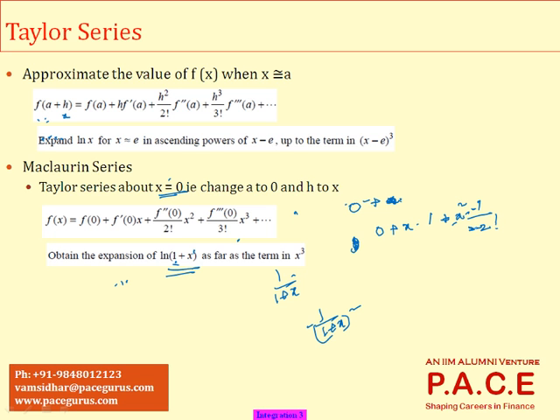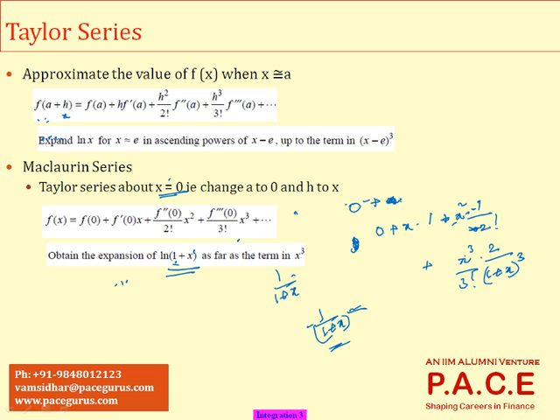Then similarly, f of plus x cube into, then what is the derivative of minus 1 by 1 plus x whole squared? 2 by 1 plus x whole cube into 3 factorial. So this is how you can expand this particular thing.